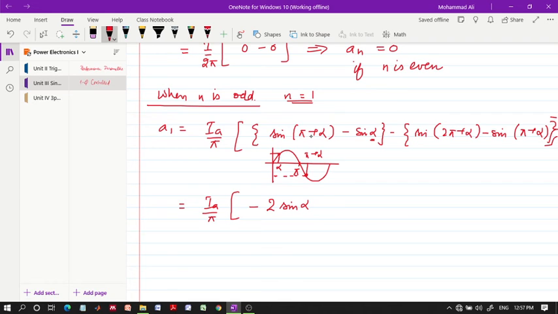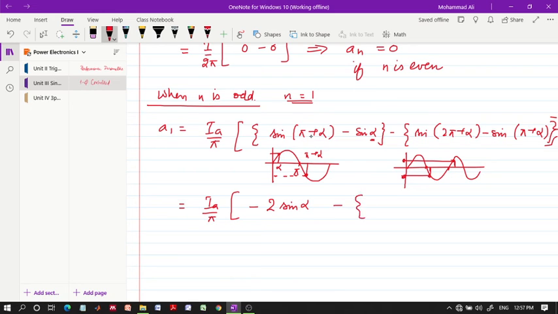Similarly, you can analyze this for this also. That means we are having a wave like this. This is 2 pi plus alpha, you are taking this point, and sine pi plus alpha you are again taking this point. So these are negative of each other and this will be additive in nature.